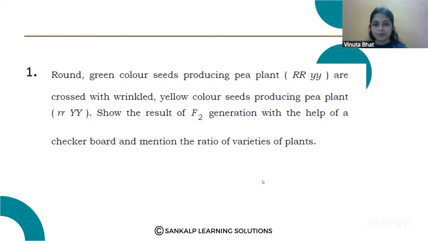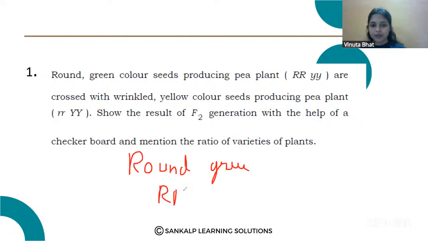Yes, here for the first generation plants, first you have to note down the round green seeds. Their genotype is capital R, small y. Here you must write parental generation.